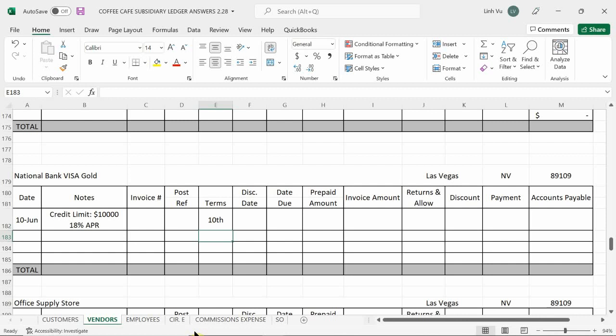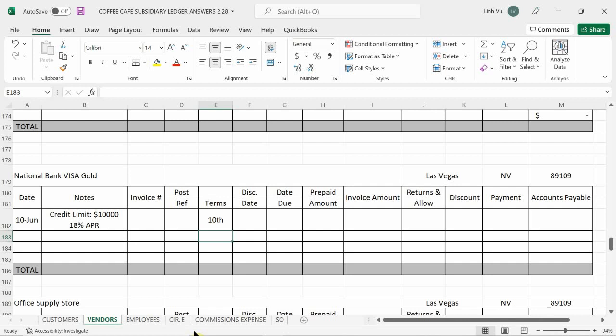Okay? So that's why it's very important that you try your best to put in as many details as you can, but again, whatever you want to type on your spreadsheets is whatever you want to do, right? It's your books, not mine. I'm just doing this as a means to teach you what you can or cannot do. Now, obviously, if it's a bill, you need to fill in all the information.